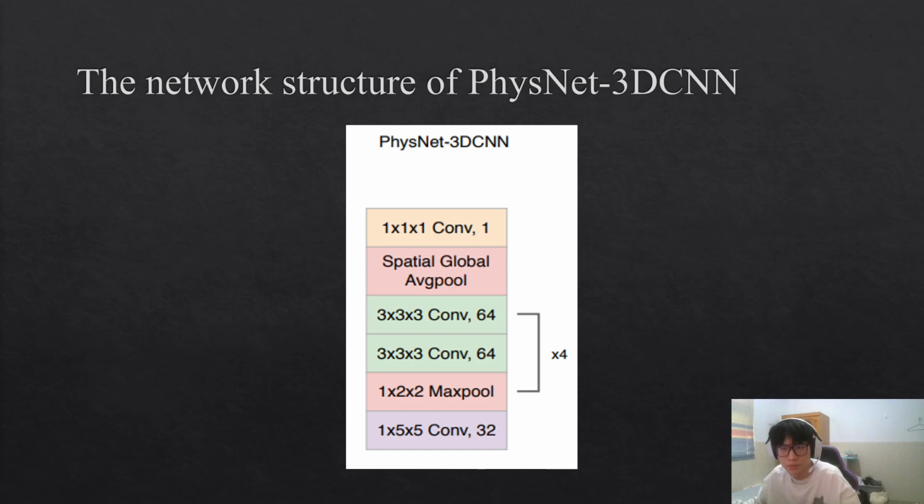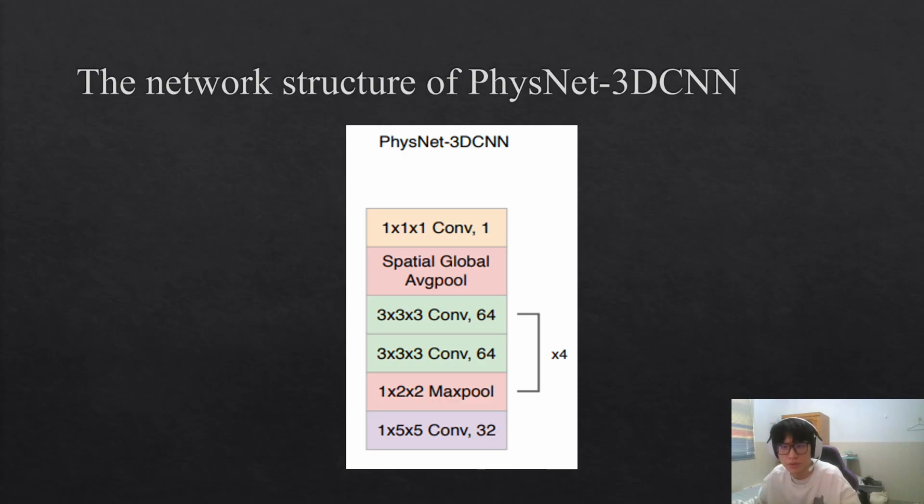The network begins with preprocessed video frames and progressively learns more complex features from multiple convolutional layers, each followed by batch normalization and ReLU activation.